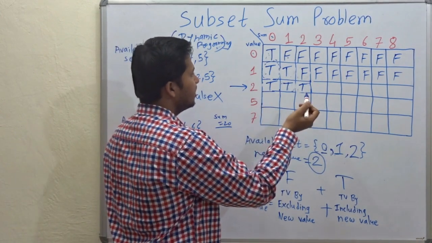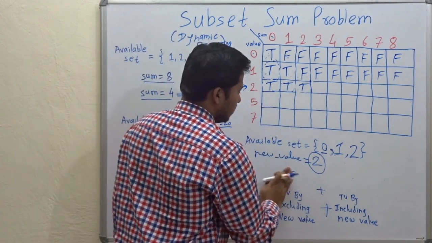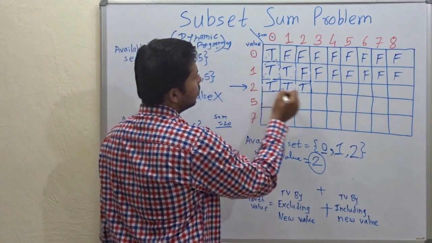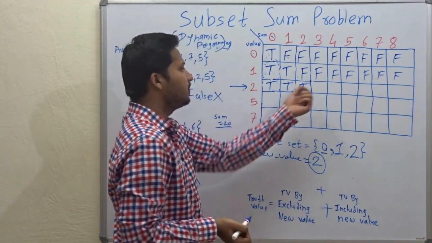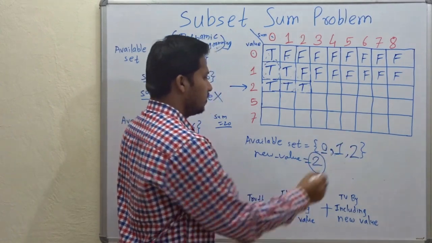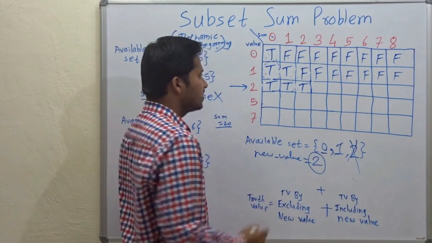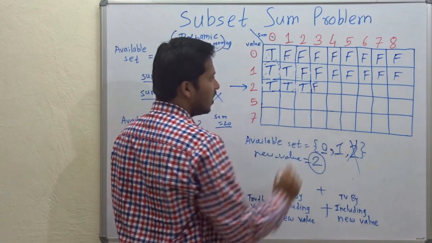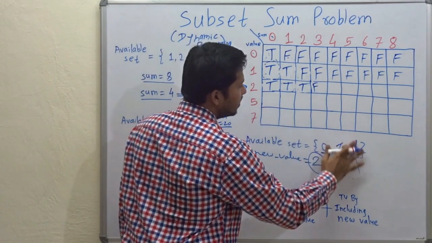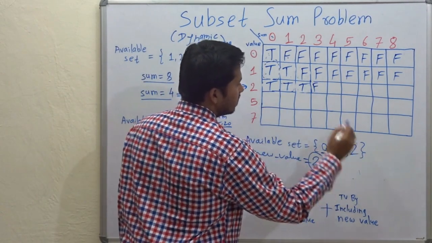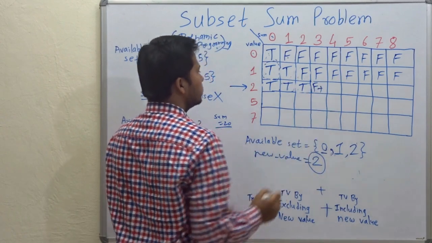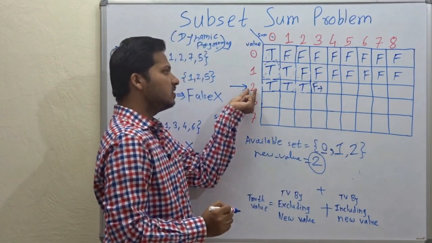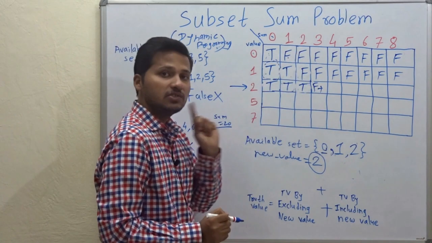Let's go to the next cell. Let's do it fast now. By using 0, 1, 2 to form 3, first exclude the new value. By excluding the new value, take the value from the upper cell. Now include the new value. So now you can use this 2 to form 3.